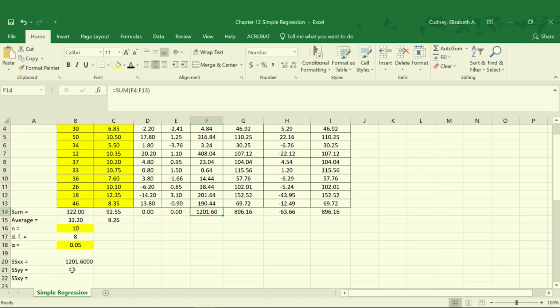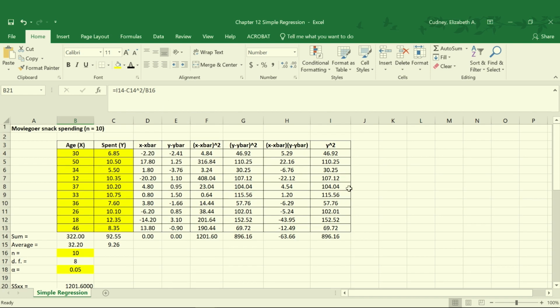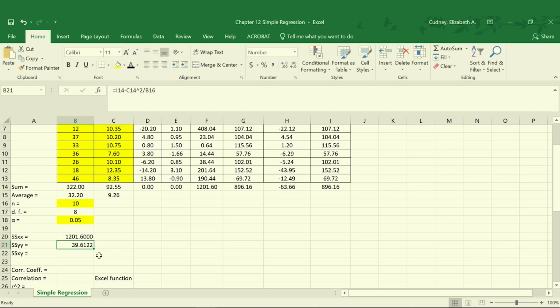Our sum of squares for yy is going to be calculated by taking I14, which is our sum of our y squared values, minus C14, which is the sum of our y values, squaring that value, and then dividing by B16, which is our value of n. So we end up with a value of 39.6122.